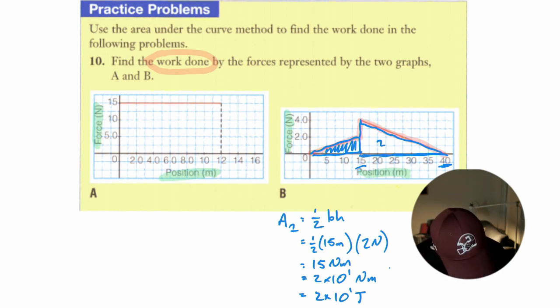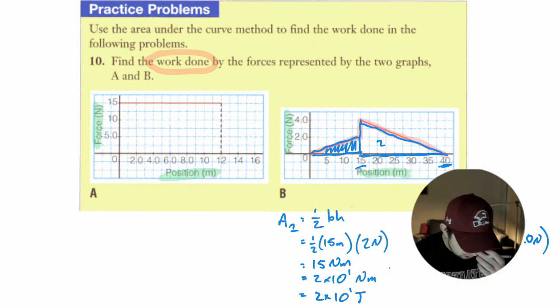So my base is 25 meters, and we're going to multiply that by my height, which is my force in newtons, and that force is 4.0. Oh shoot, I made a mistake there. We'll go back and fix that one. 4.0 newtons.